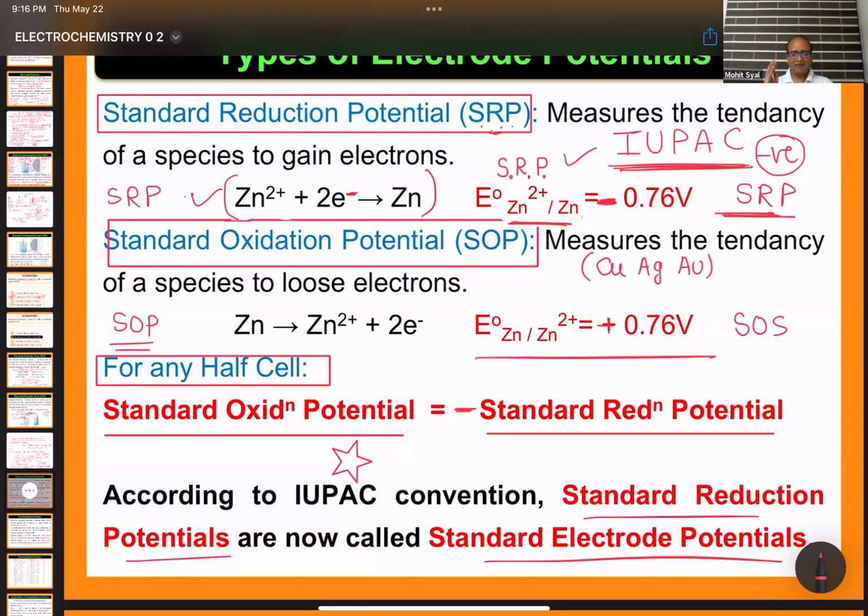That's why they have negative value. Negative means no.